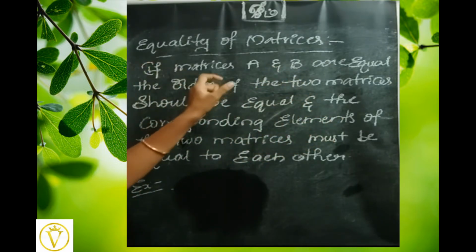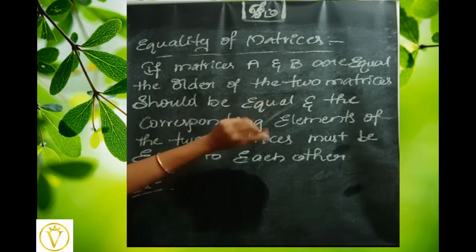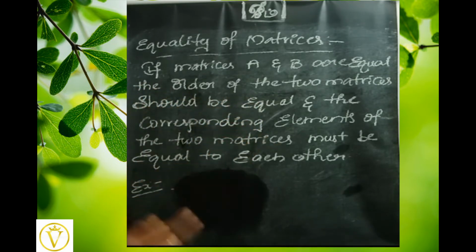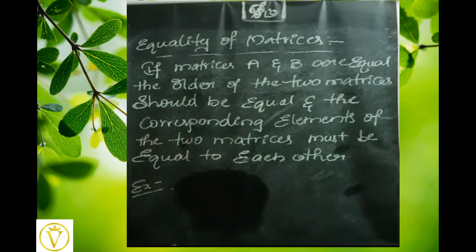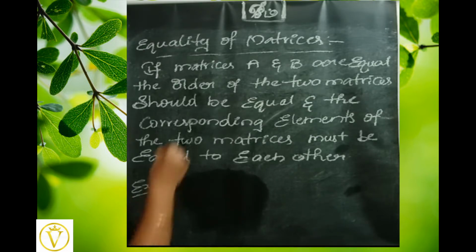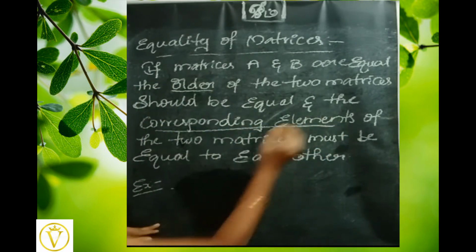the order of the two matrices should be equal, and the corresponding elements of the two matrices must be equal to each other. First is the order and the other is the corresponding elements.